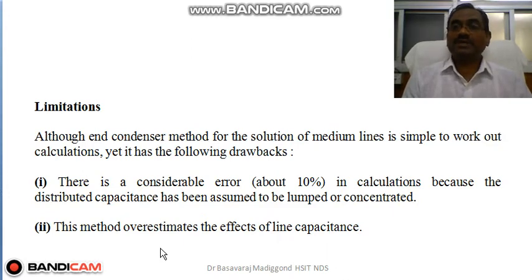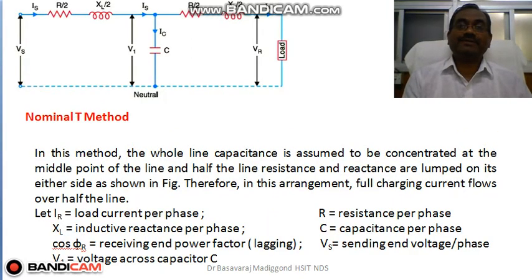The first one is nominal T method. Here the capacitance of the transmission line is assumed to be concentrated at the center of the transmission line, such that the resistance and inductive reactances are equally divided on either side of the capacitance.